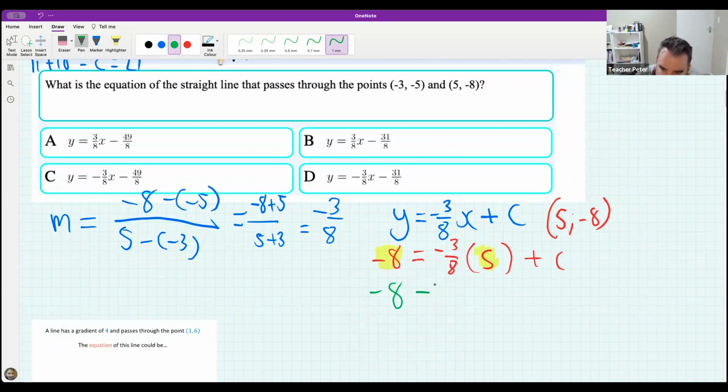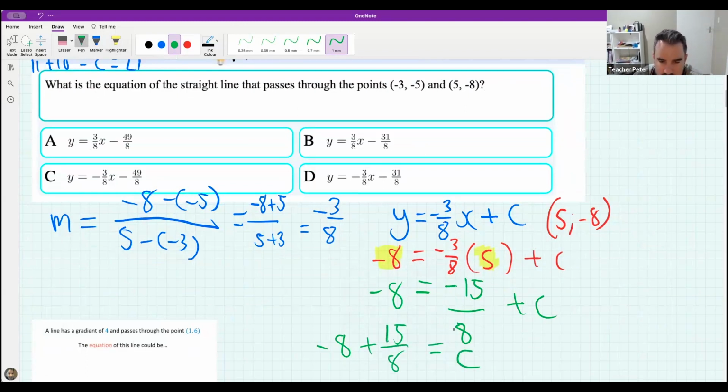So we have equals minus 15/8. And then when it comes across, we basically are going to have that. Now, obviously, my calculator will come in handy now. What are you getting? Okay, I can be a bit sneaky here and use some of my maths teacher powers and say, that's minus 64/8 plus 15/8. Now, just use your calculator.